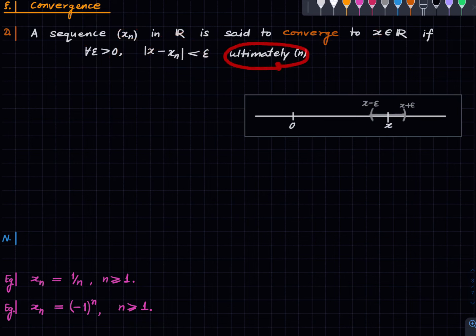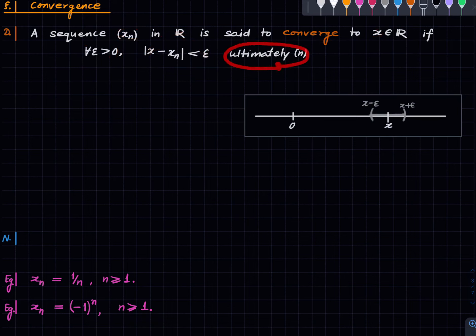So here I just want to say that here indeed this happens. You can easily prove this. And for another example, define xn as the square of n. Here also same thing happens.